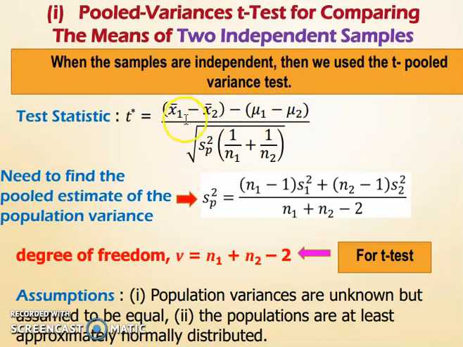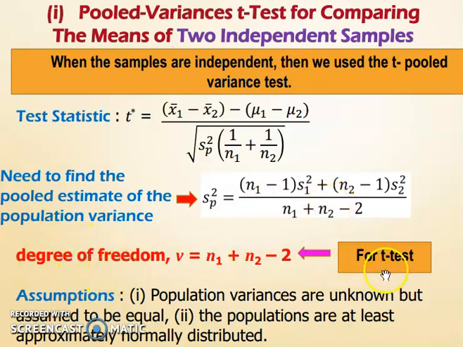These refer to the sample mean from the first sample and the sample mean from the second sample, and n1 and n2 are the sample size 1 and sample size 2. And you have this Sp squared. What is this Sp squared? It is the pooled estimate of the population variance. This is the formula for Sp squared.